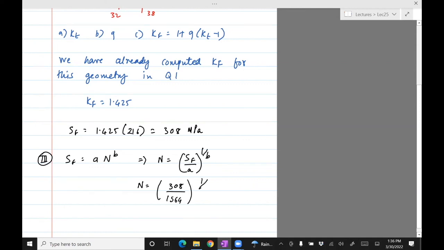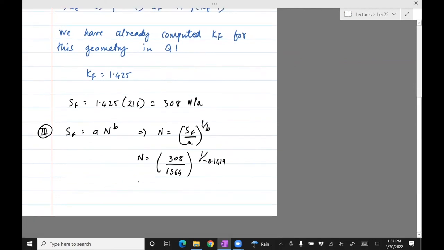And B was also computed, was minus 0.1419. So it comes out to be about 94,000 cycles.